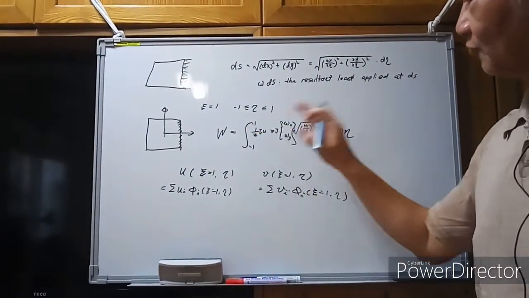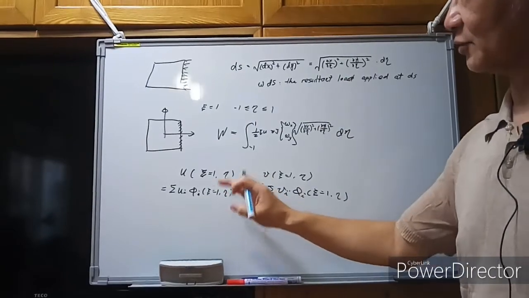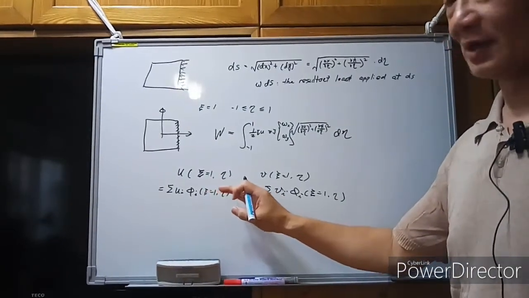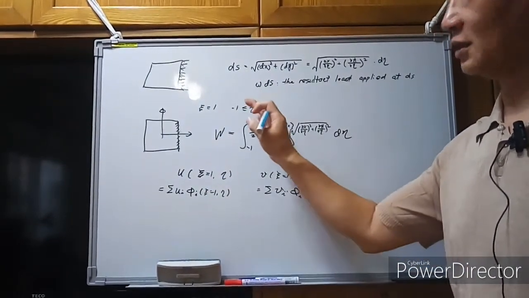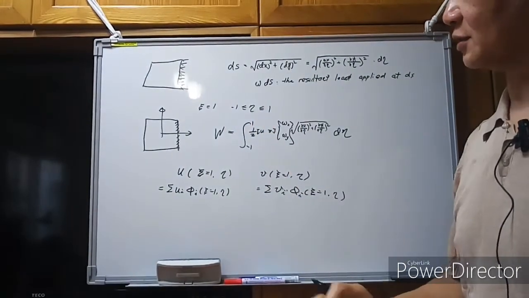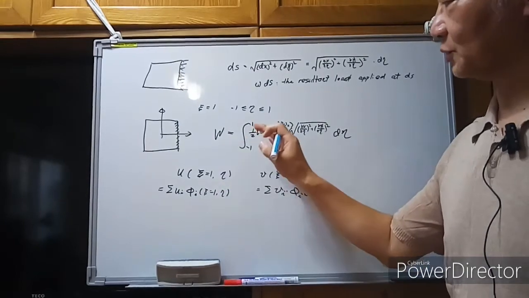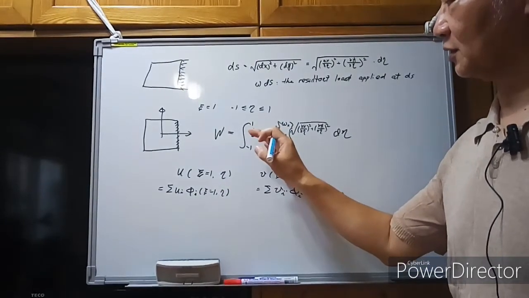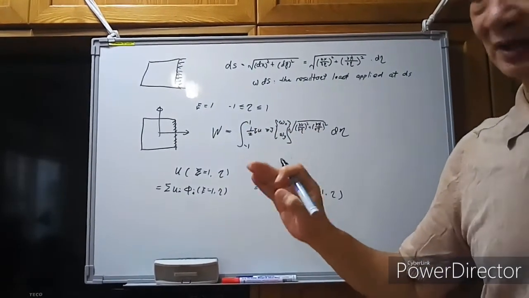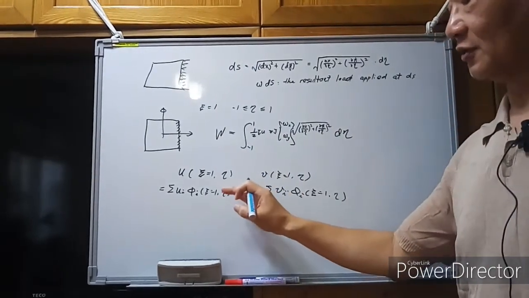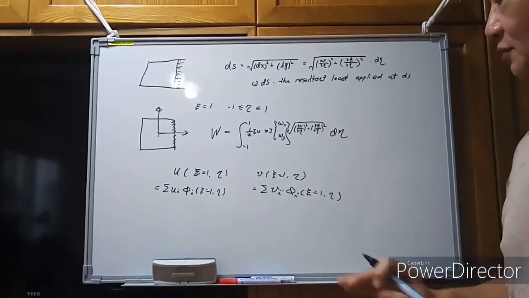Right now we know ξ, but η is still a variable. As long as you know η, you can calculate the corresponding u and v values for the considered boundary.